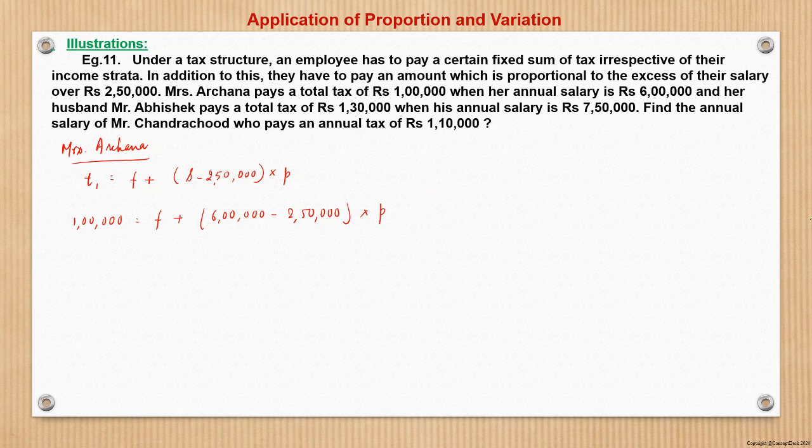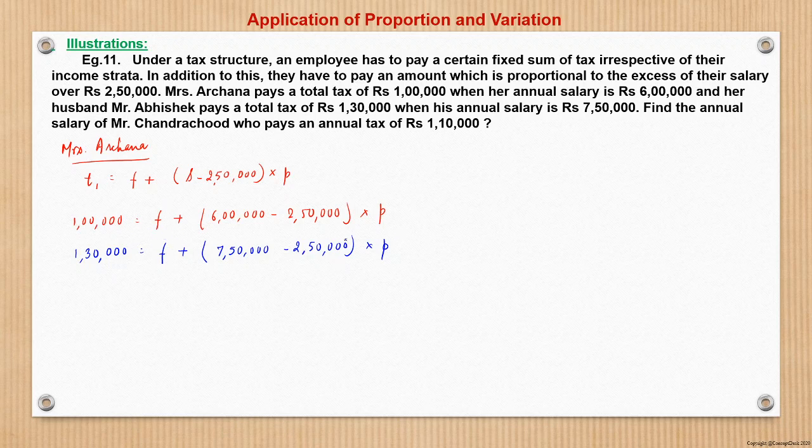And then if we take her husband, Mr. Abhishek, he pays a tax of 1,30,000. So again, it will be similar. There would be some fixed part, and then his income is 7,50,000 minus 2,50,000, right? And into P.